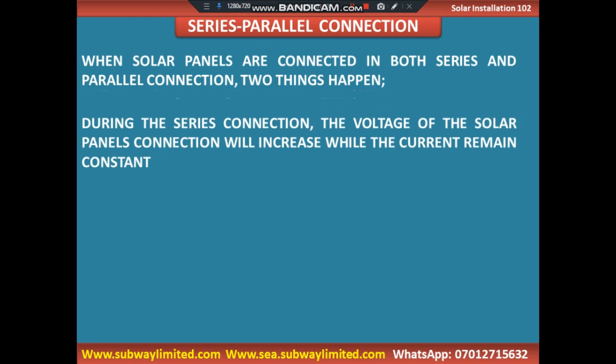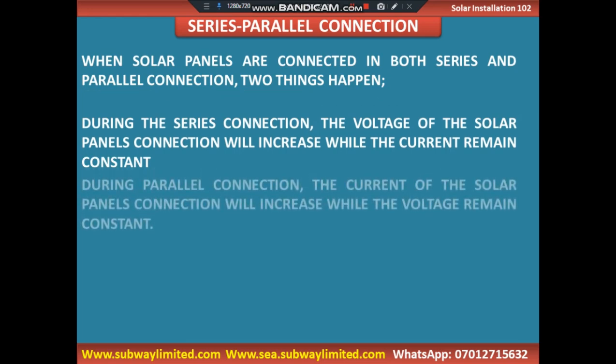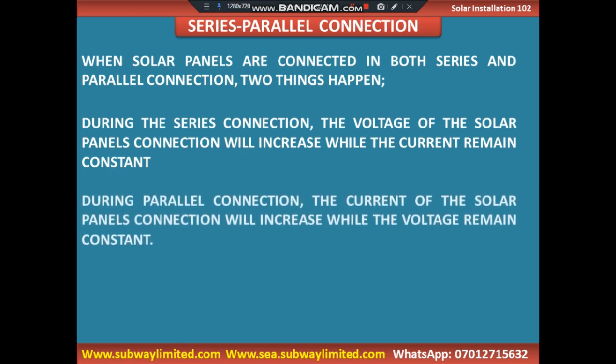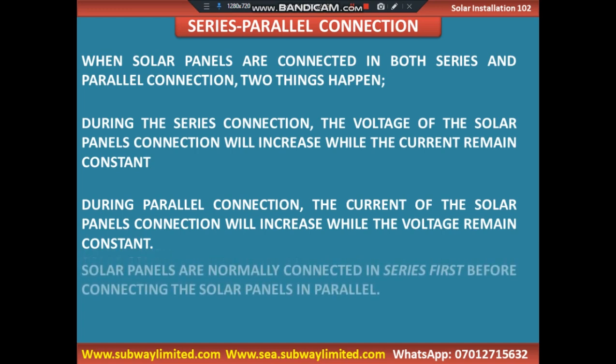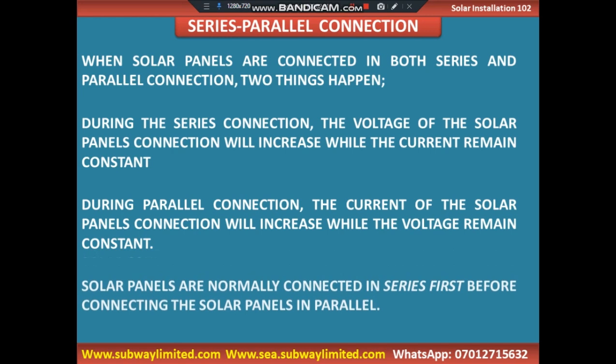When panels are connected in series, the voltage of the solar panel connection will increase while the current will remain constant. And during the parallel connection, the current of the solar panel connection will increase while the voltage will remain constant.